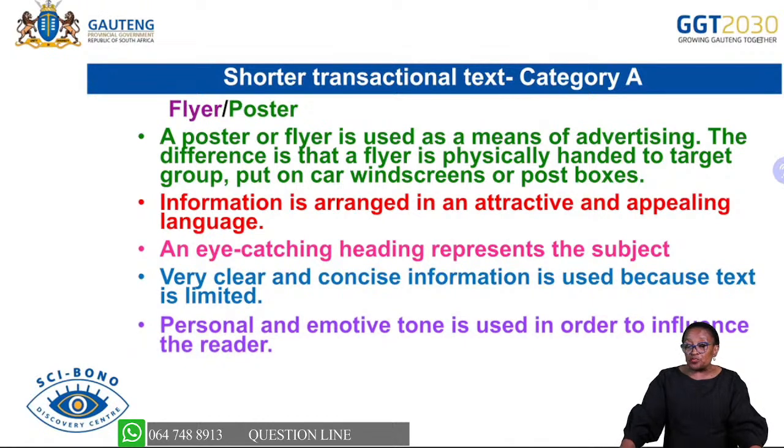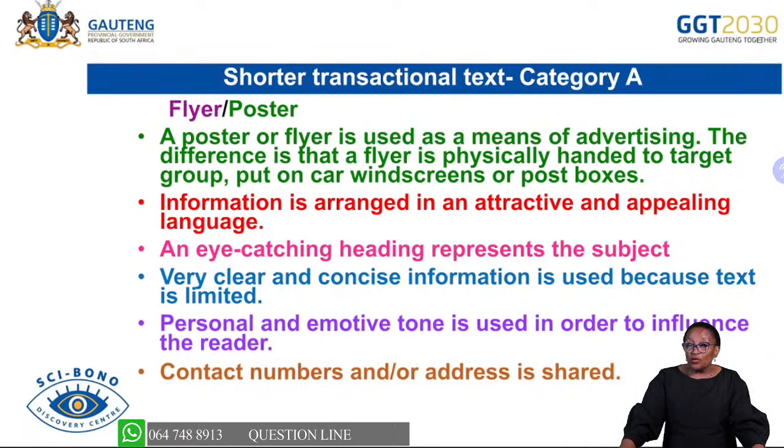We also use a personal and emotive tone in order to influence the reader. Remember, the main aim here is to influence the reader. The main aim here is to catch the attention of the reader. You must also include there the contact numbers or the address. That has to be shared with the reader as well.